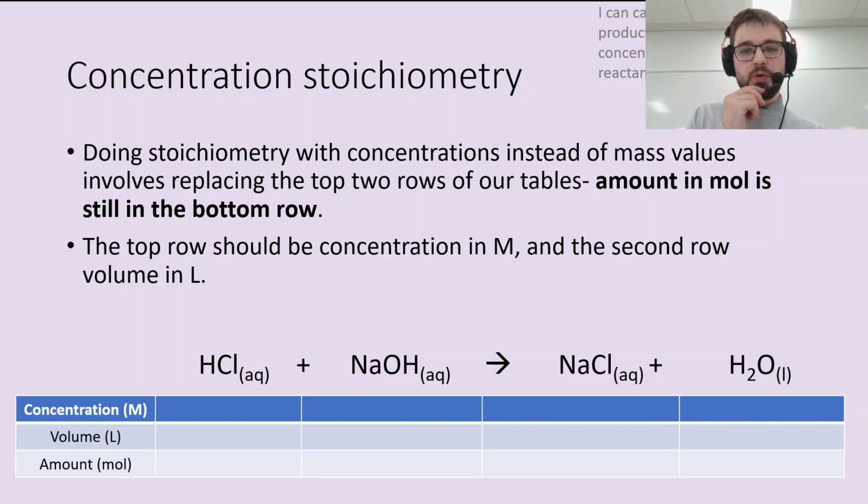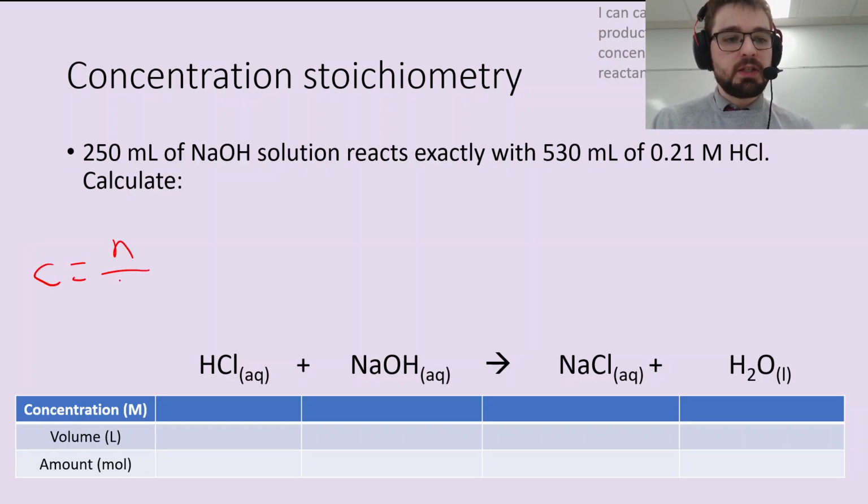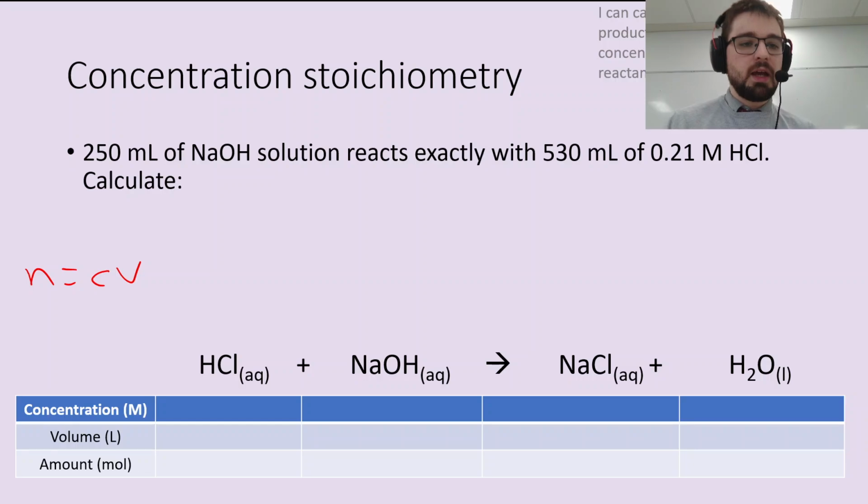In this case we can put concentration and our volume in, and hopefully you can remember the equation that compares all of these is C equals N over V, or we might like to rewrite that, as it is in the data book, N equals C times V. So if we've got a value here, we can multiply the top and the middle to get our amount there.